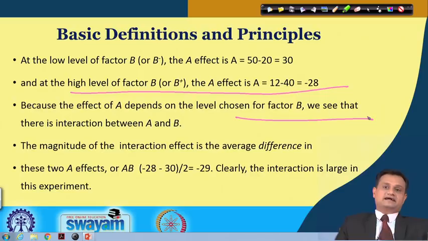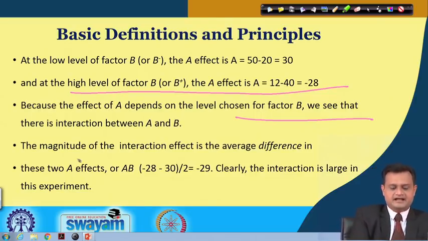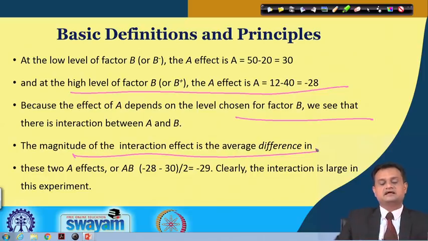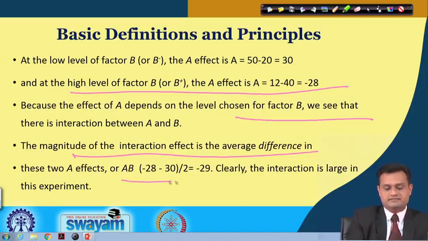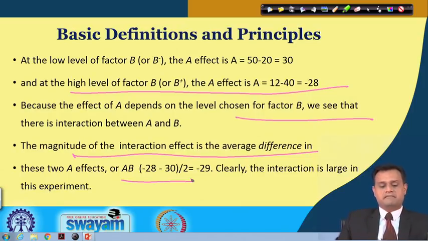This is a very important conclusion, that the effect of A depends on the level chosen of B. It means that there is some interaction effect prevailing between A and B. Now the magnitude of this interaction effect can be easily found by the average difference in these two A effects, that is AB, minus 28 minus 30 divided by 2.